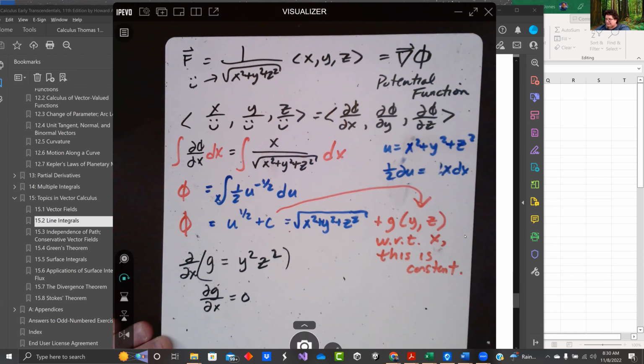Let's find the gradient of 1 over the norm of r, if r is given as such. So what is the norm of r? Remember, you square each term and take the square root.